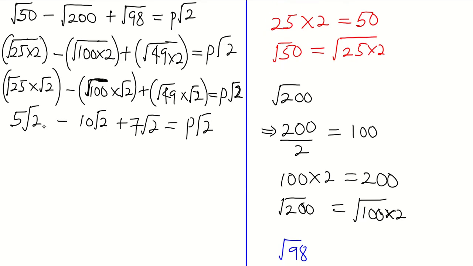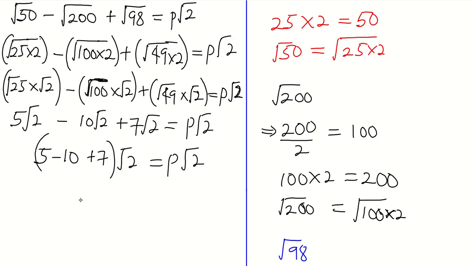Now having known this, we can see that they all have the same square root number, that is square root of 2. Now with this, we add the coefficients, and we are going to get 5 minus 10 plus 7, all times square root of 2, giving us p square root of 2.